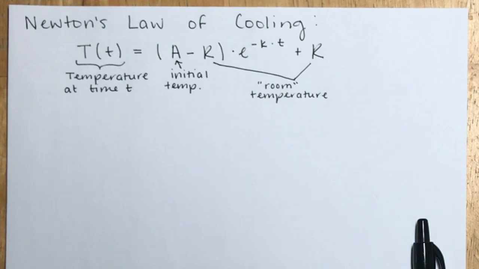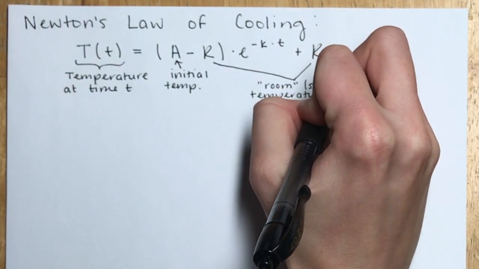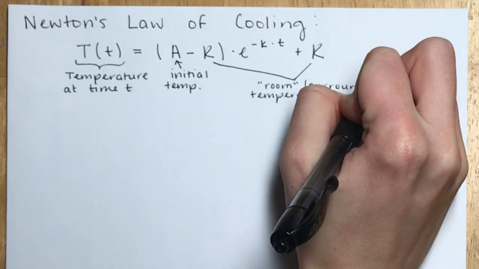It's going to be the temperature that is surrounding whatever object is heating up or cooling down. If we're talking about an oven, right? The oven is going to have a very high temperature, right? The room temperature, or that surrounding temperature, is very high. So it's not necessarily room temperature, which is like 70-ish degrees. It means more like the surrounding temperature. So I'm going to write that surrounding temperature.